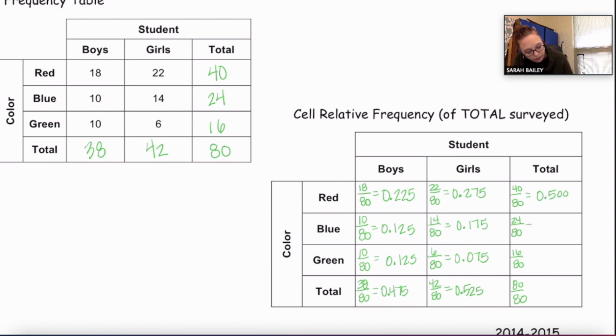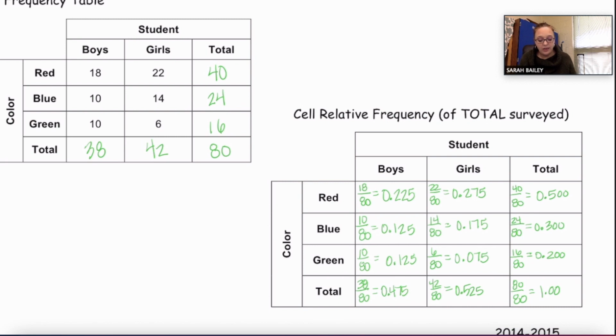I'll add a couple zeros there. 24 divided by 80 is 0.3. Add a couple zeros. And 16 divided by 80 is 0.2. And 80 divided by 80 is 1, or 1.00.